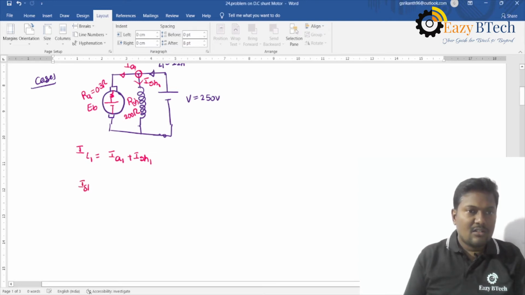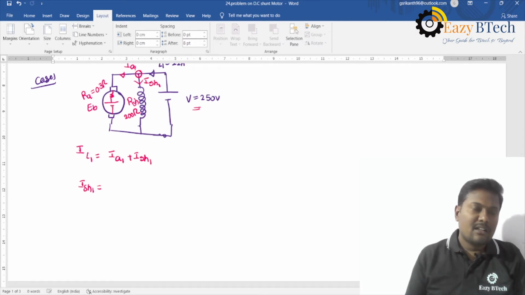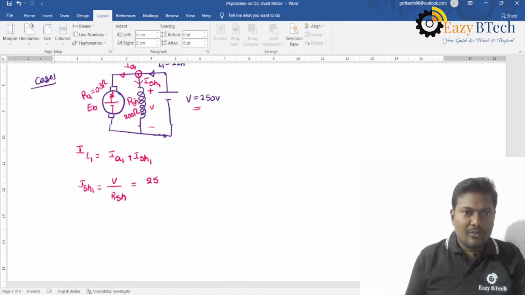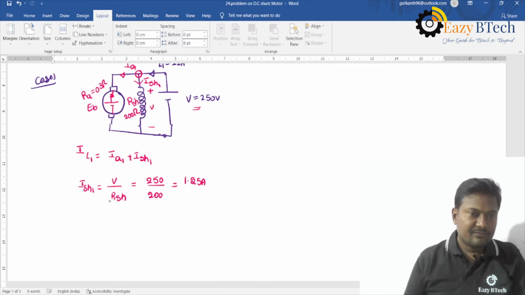ISH1 is equal to V divided by RSH, since the same supply voltage appears across RSH. So 250 divided by 200 ohms is equal to 1.25 amperes.